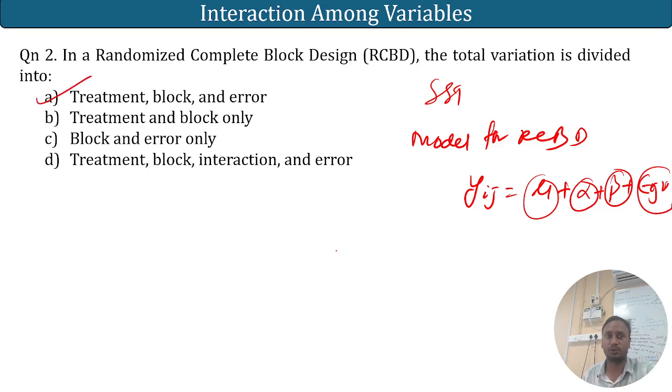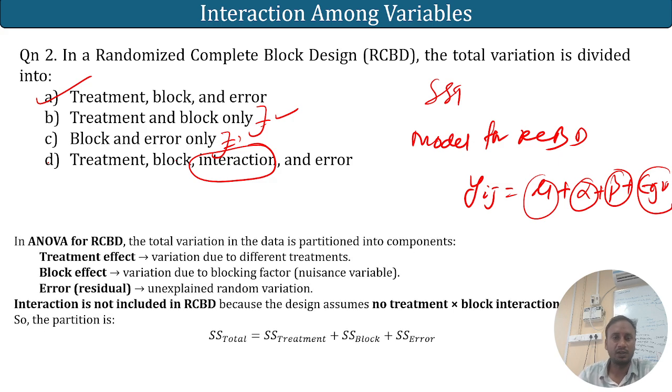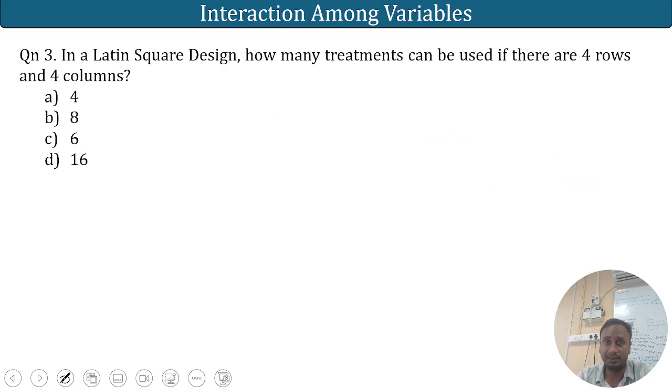So this is the correct option. Treatment, block, and error will always be there. There should be no treatment-block interaction, as it would violate the RCBD design. So we have SS treatment, SS block, SS error.